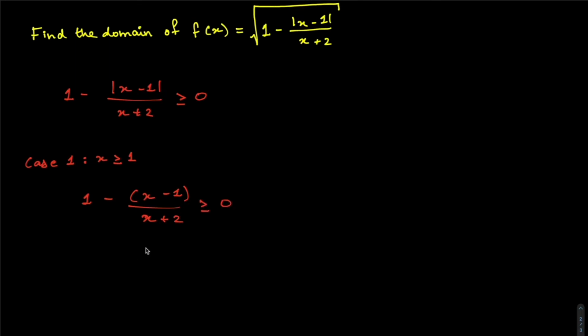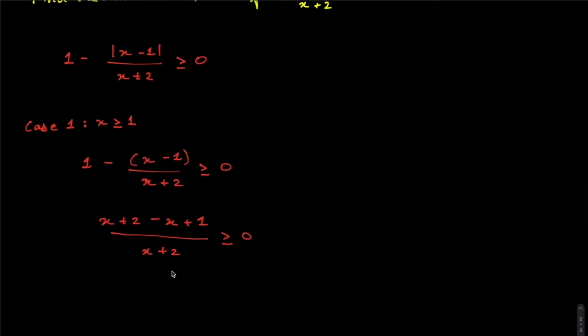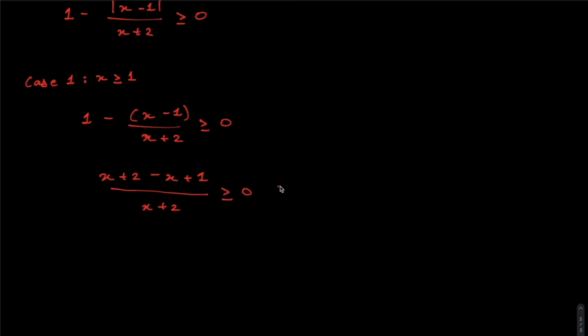Now I can take the least common denominator: x plus 2 minus x plus 1, all upon x plus 2, greater than or equal to 0. Simplifying this a bit more, I'm going to have 3 upon x plus 2 is greater than or equal to 0.